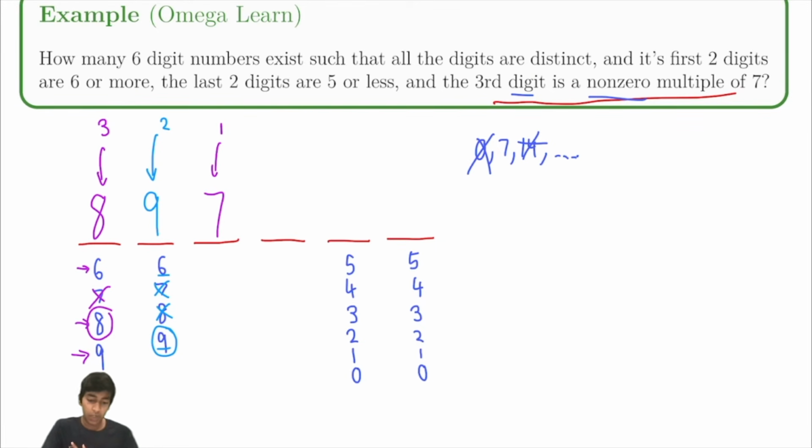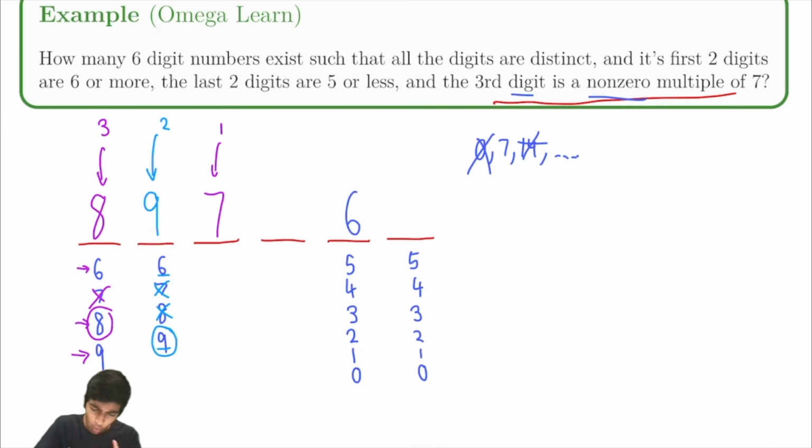Now, next, should we look at the middle digit or these 2 digits over here? The strategy you always want to use, look at the most restrictive conditions first. Which one is more restrictive? This digit, which can be anything, or these 2 digits, which must be from 0 to 5. Of course, the digits that must be from 0 to 5. How many choices are there for this digit? It's just 6.